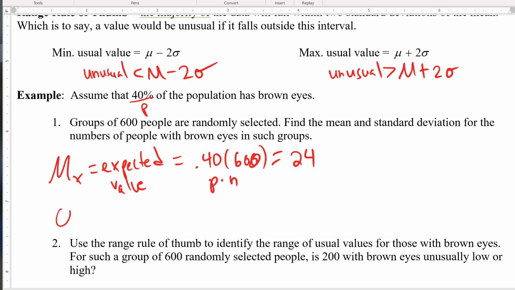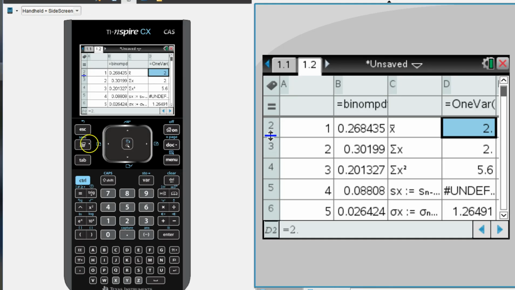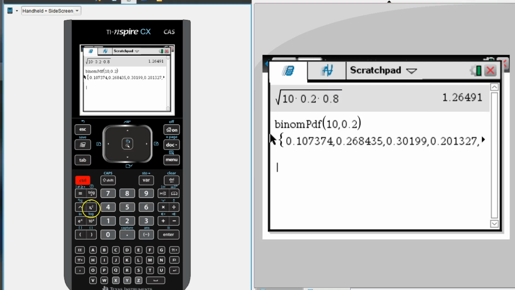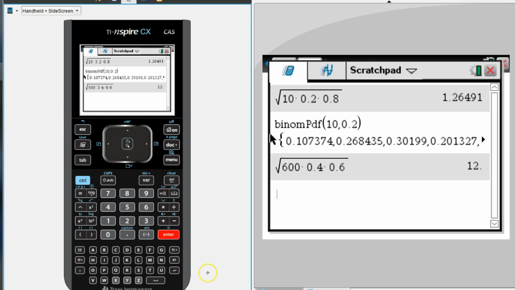Standard deviation. Well, that is just n times p times q. What's q? Complement of p. So 0.6. Now that's not going to be our answer. To get standard deviation, we're still going to have to square root that. But I'm just going to run this in my calculator, okay? So, let's see, the square root of 600 times 0.4 times 0.6.